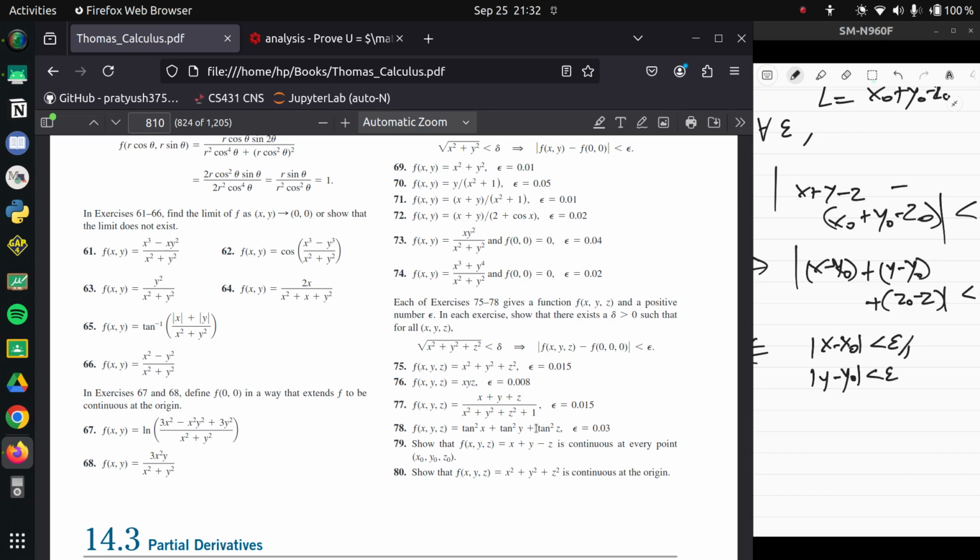Actually, you know what, just the plus thing is probably better. Or you can just set epsilon by 3, that's actually probably a better idea.